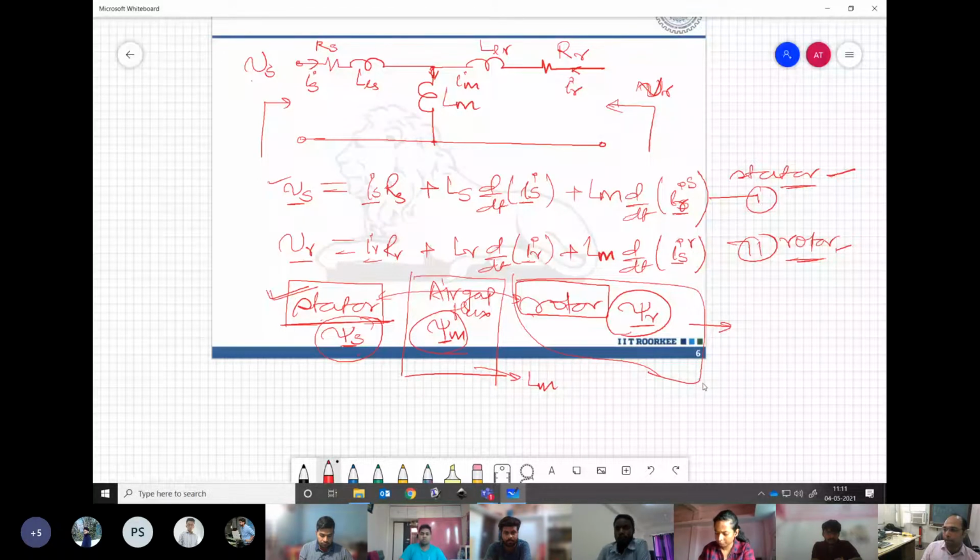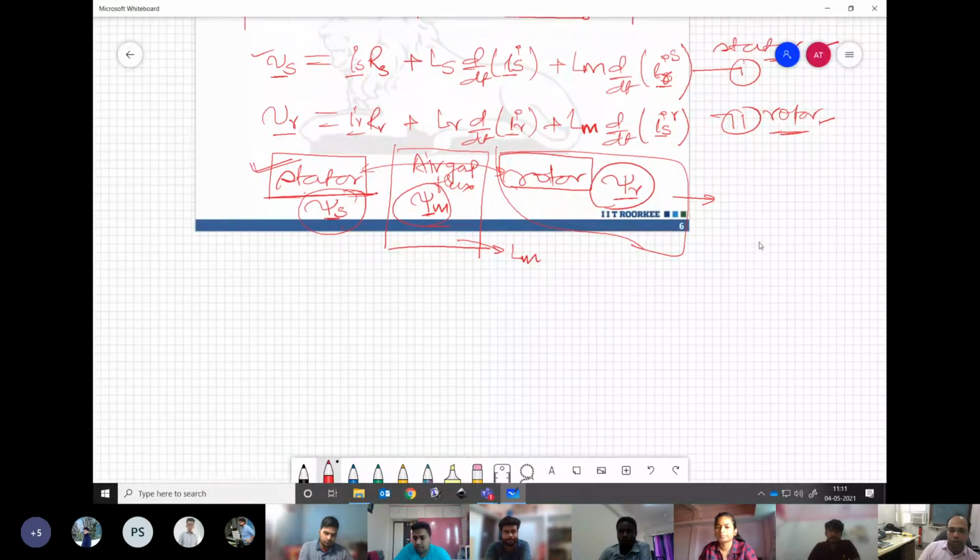Is that clear? Yes, sir. Clear, right? So the inductances with which they are associated, this is Lr and Lm, this is Ls and Lm. Please note that it is not Llr plus Lm I am writing, although you can write that also. And here also I am not writing Lls plus Lm, although you can write that also.